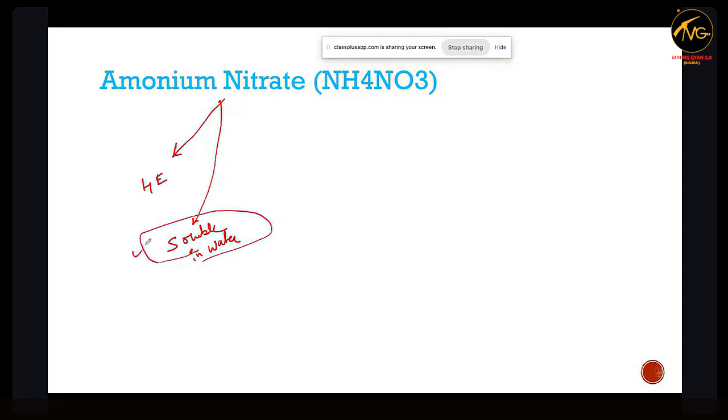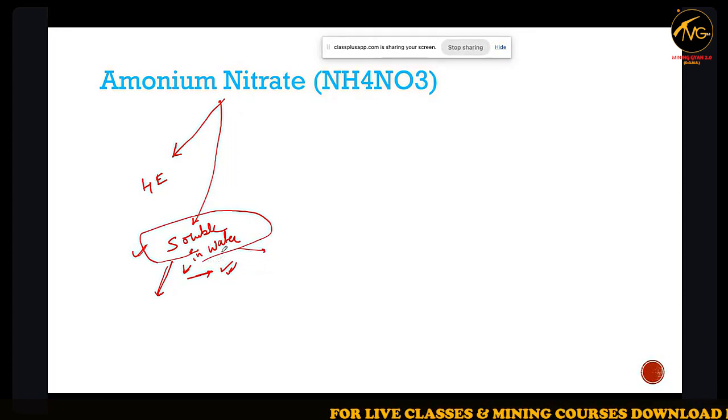If any explosive is soluble in water, that means we will not use in underground, or जहां पे पानी ज्यादा होगा we will not use. If excess water we will not use, because it will not blast, because it will soluble in your water. So soluble in water.